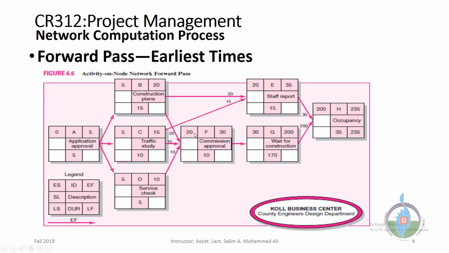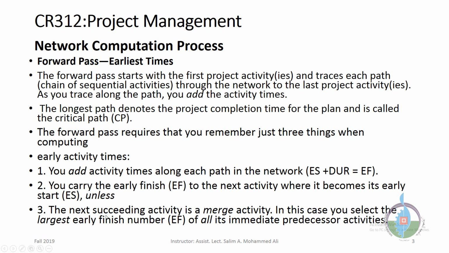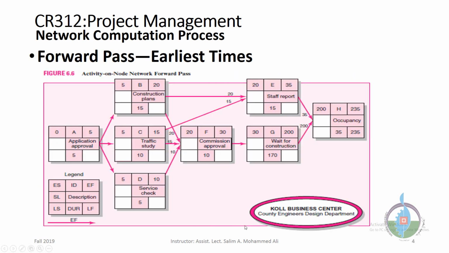As the rule says here, if there is a merge activity, in this case select the largest early finish, EF, of all precedents. Since F cannot be started until all 3 activities have finished, we will take the largest number, 20. 20 will be the largest number. Then the early start of F will be 20. The duration of F is 10 days, so its early finish will be 30.